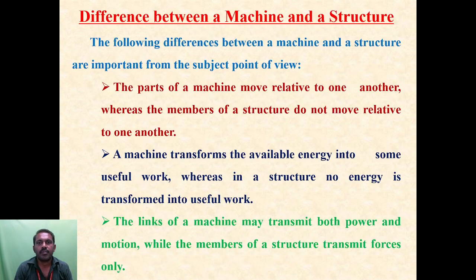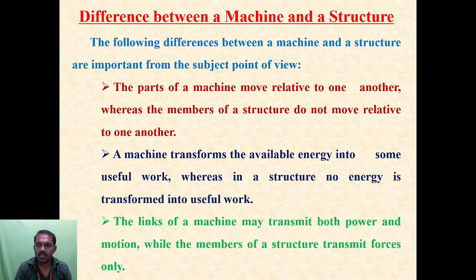Next, what is the difference between machine and structure? Already we discussed, a structure is at rest, there is no movement, and a machine has motion related to work. We discuss a few points of difference. First, the parts of a machine move relative to one another, whereas the members of a structure do not move relative to one another.